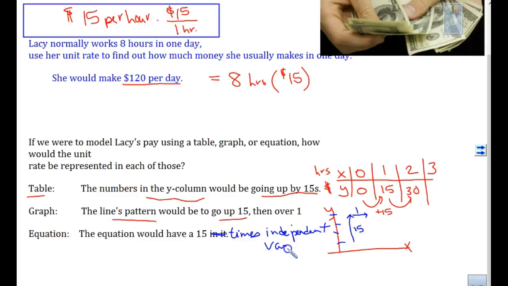X. X is independent. Y times the X. So this is what the equation would look like. Y equals 15X. And that's where our unit rate is in an equation. This is where the unit rate is in a graph. This is how you see the unit rate in a table.